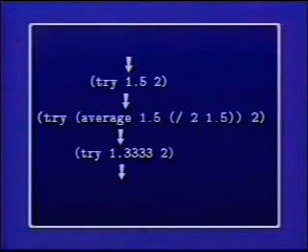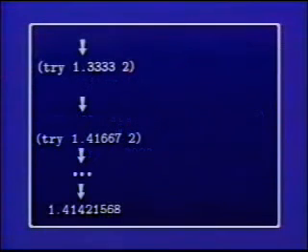So this whole thing reduces to trying 1.333 as a guess, and so on. That reduces to another call of good enough, 1.4 something or other, and then it keeps going until the process finally stops with something that good enough thinks is good enough, which in this case is 1.4142 something or other. So the process makes perfect sense.